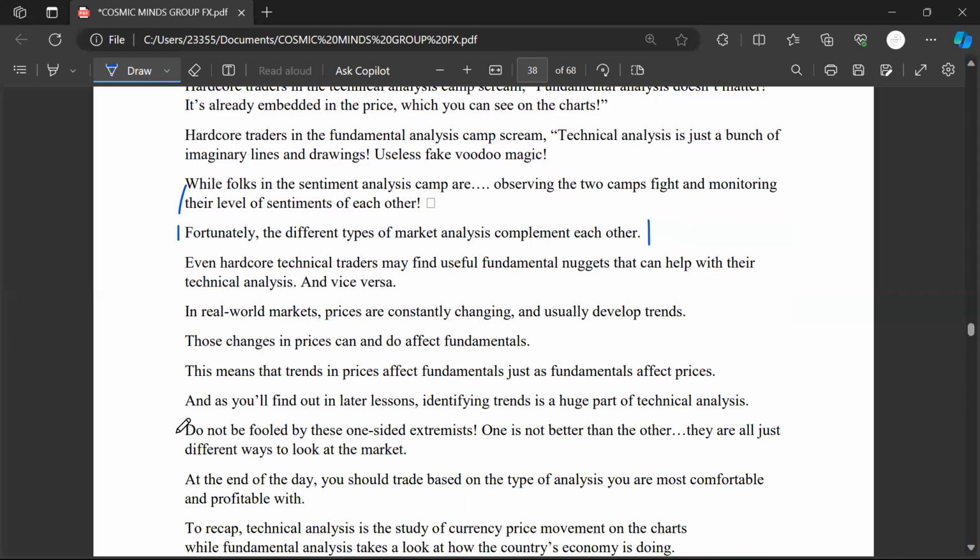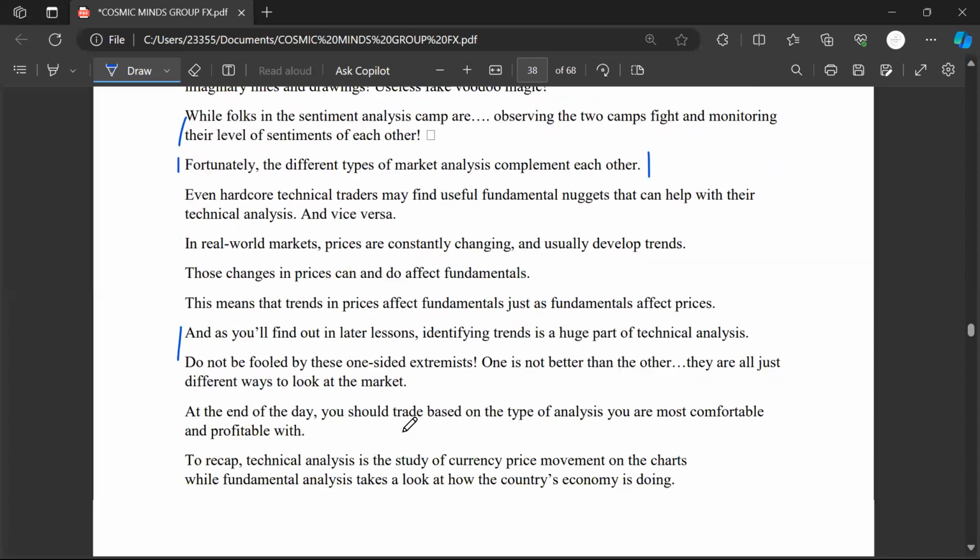As we'll find out in later lessons, identifying trend is a huge part of technical analysis. Do not be fooled by these one-sided extremists, one saying that one is better and thereby foregoing the rest. No, one is not better than the other. They are all just different ways to look at the market.